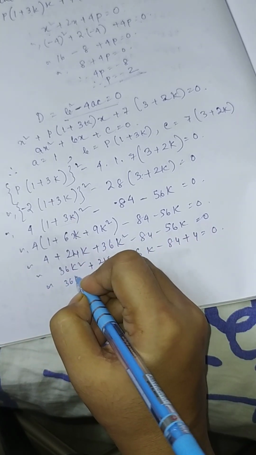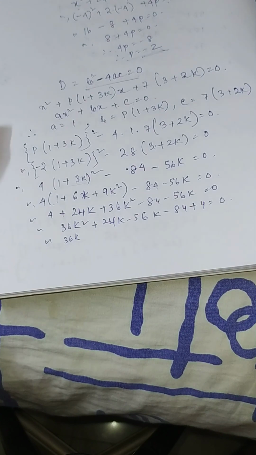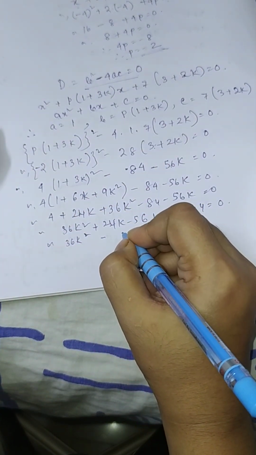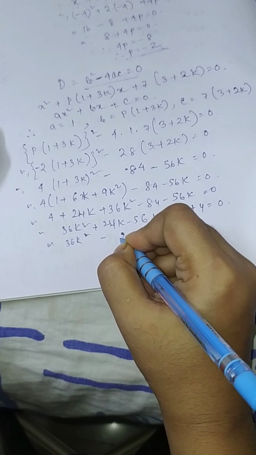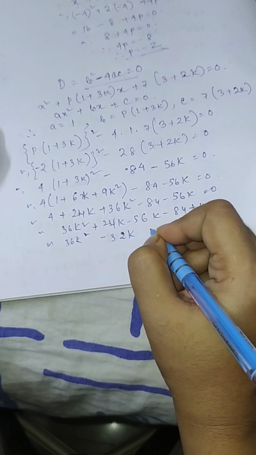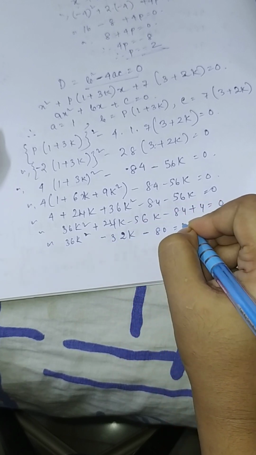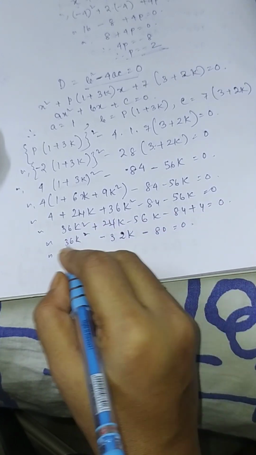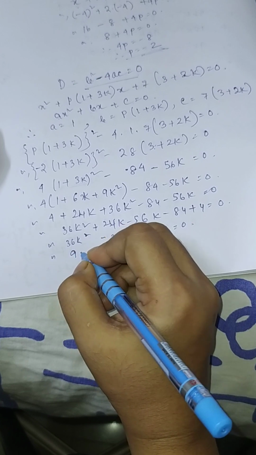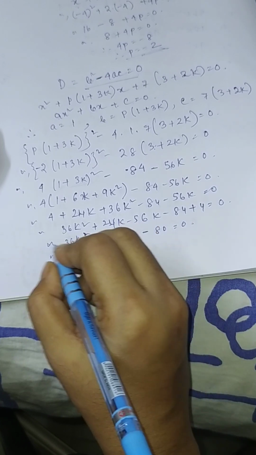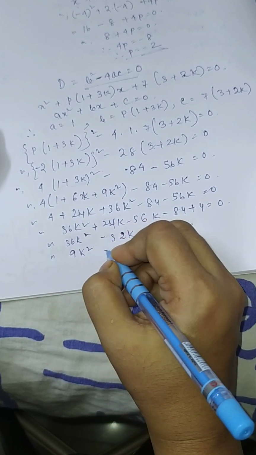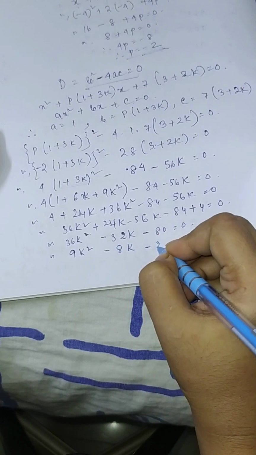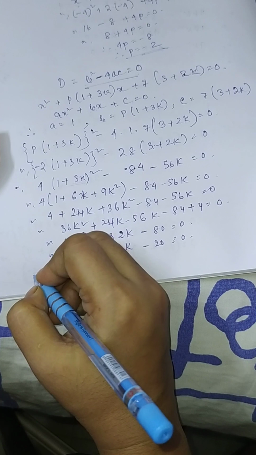That means 36k square minus 32k minus 80 is equals to 0. All are divisible by 4. So if I divide the whole thing by 4, we will get 9k square minus 8k minus 20 equals to 0.